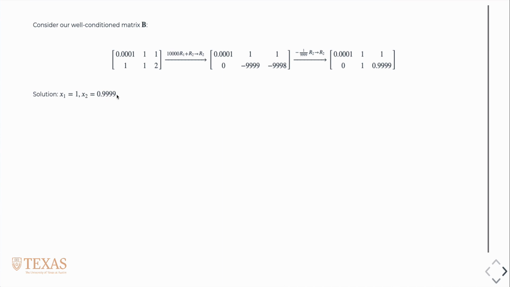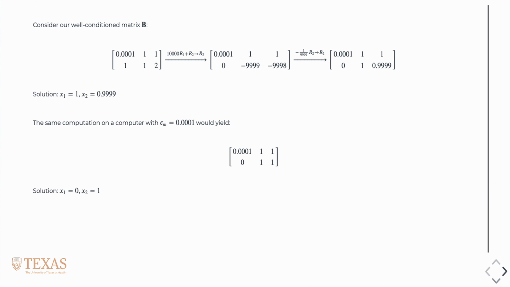Now let's look at the exact same procedure, but on a computer with a machine epsilon of 0.001. So recall that machine epsilon is the smallest number that when added to 1 will produce a different answer. And so in this case, you could think of this computer as rounding off to 3 decimal places.